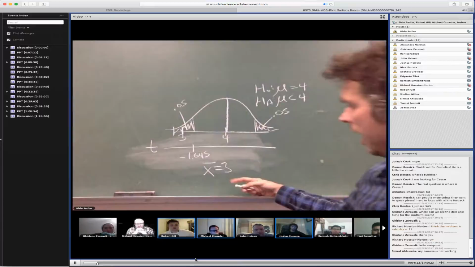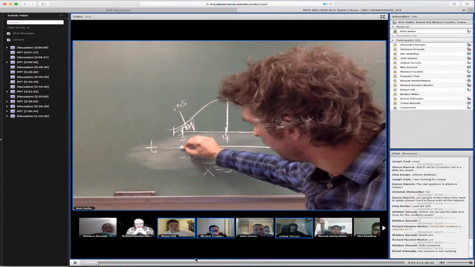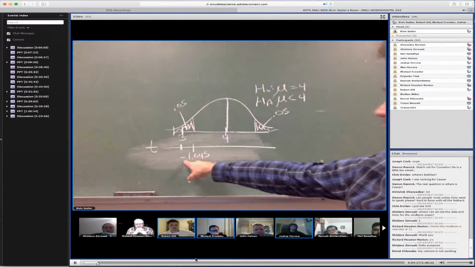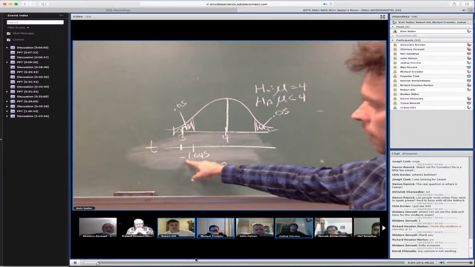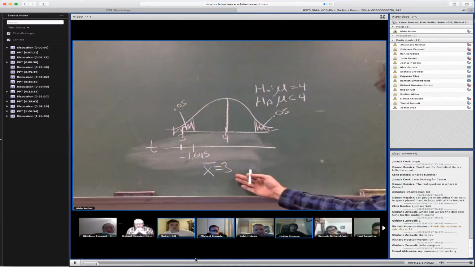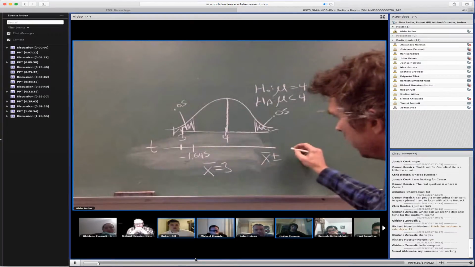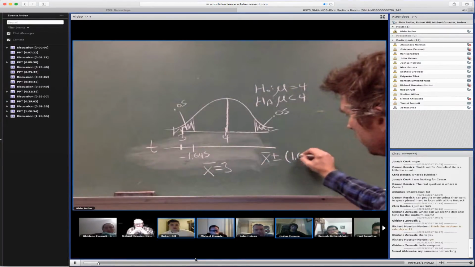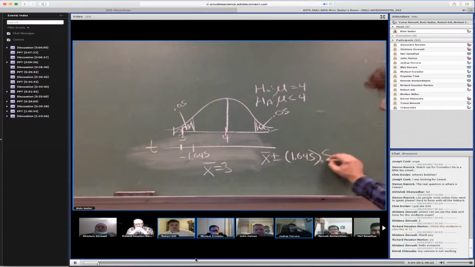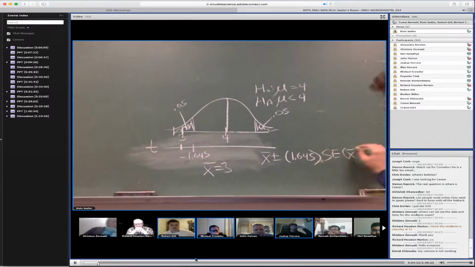And what ends up happening, this has some t-score that's less than negative 1.645 when I found it, but my confidence interval is going to be x bar plus or minus 1.645 times the standard error of x bar.